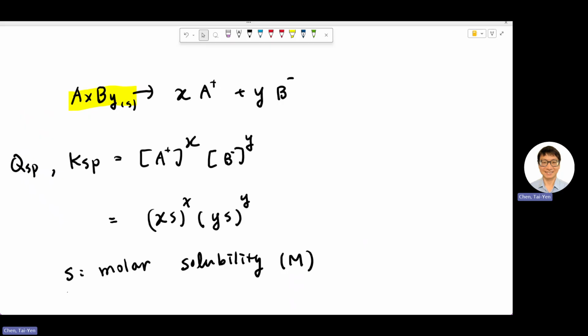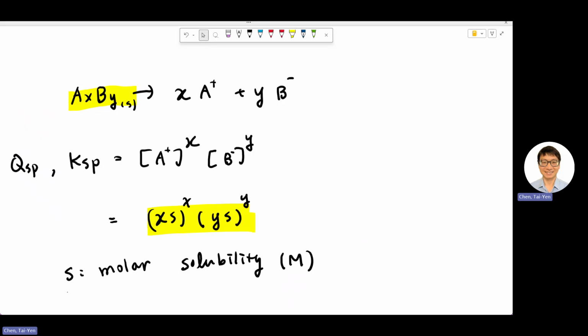One thing that we need to become a master of is that every time we see an insoluble salt, we know how to write down its dissociation equation. The reason that is important is because this will be the final form to calculate your solubility constant KSP.